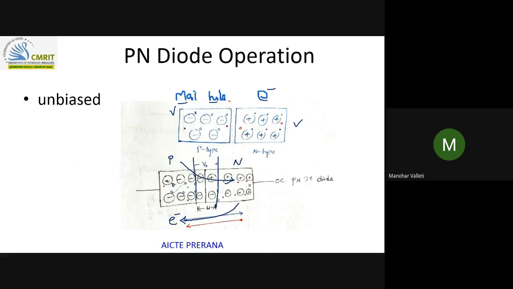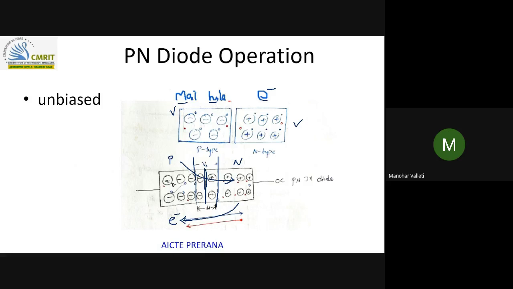So you see, because of the forming ions near the intersection of p and n type material, this is the intersection of p and n type material, right? So this we will call a junction. So at this junction, ions were formed.